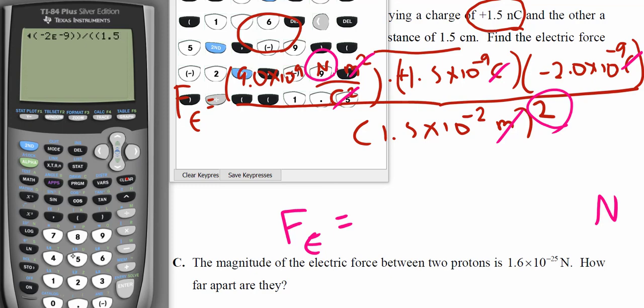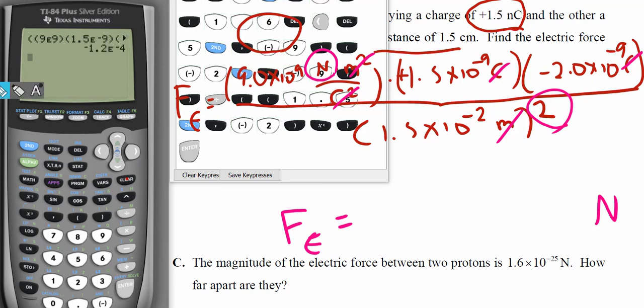I have double checked these answers in this calculator, which I'm showing you, and another calculator that's more commonly used, just to make sure that these are coming out right. I would strongly suggest that you try to get the same answers as I'm getting here, but with your calculator. Now in this case, I'm getting a negative 1.2 times 10 to the negative 4 newtons.